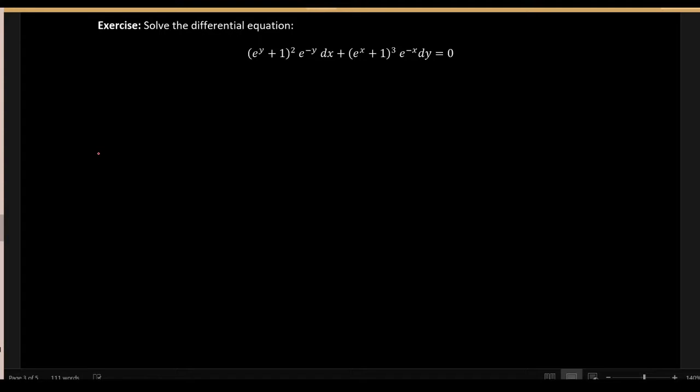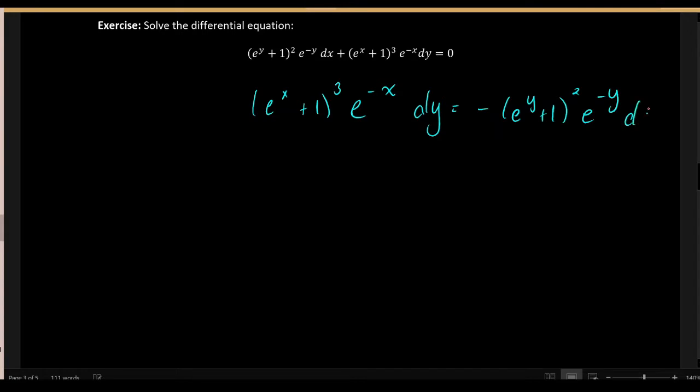I'm going to begin by rewriting this expression in a slightly more standard format. e to the x plus 1 cubed e to the minus x dy is equal to the negative of e to the y plus 1 squared e to the minus y dx. And I might as well just go ahead, divide both sides by dx so that I get that handy dandy y prime.